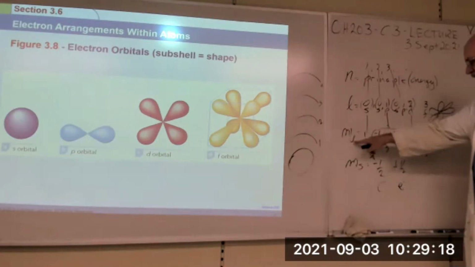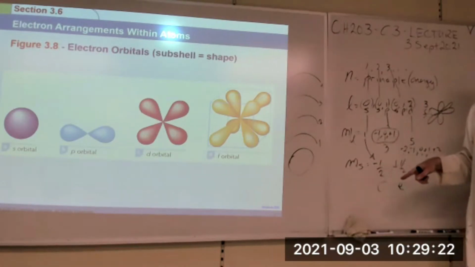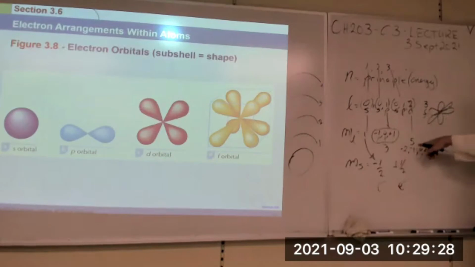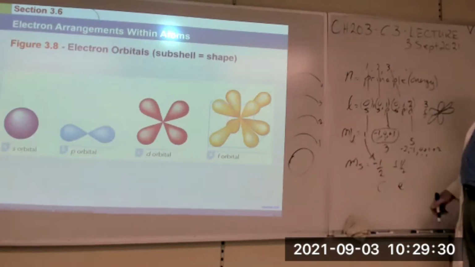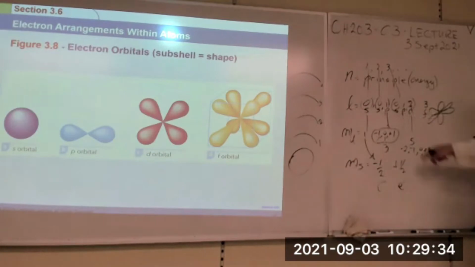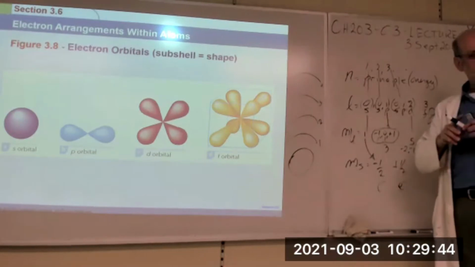So that means that m sub L actually says something about orientation. The orientation of these orbitals is the m sub L, whereas the shape is the L. So the P's have this shape, the D's have that shape, the F's have this shape. And then this says something about their orientation in space.